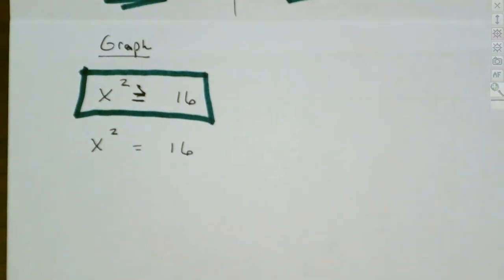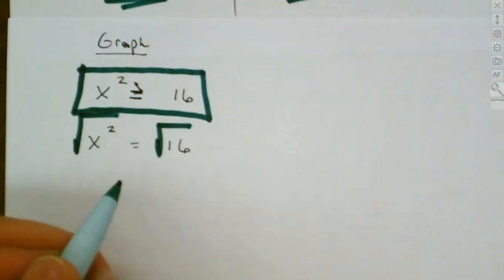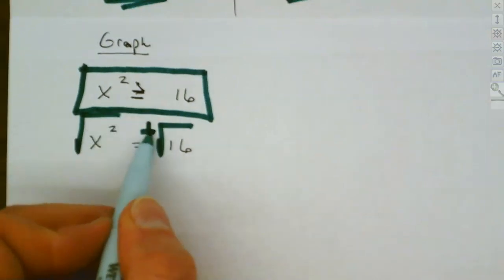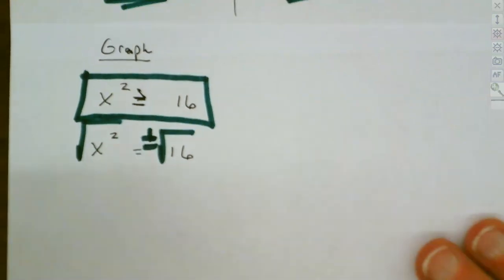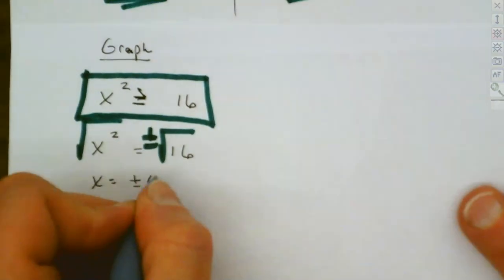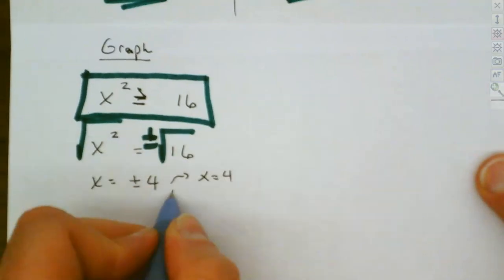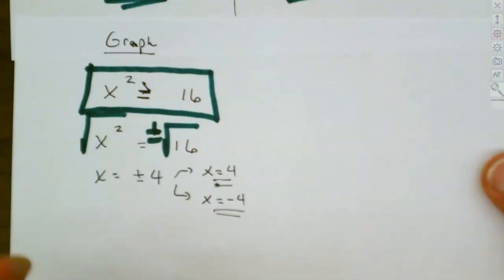Square root. And whenever you take a square root, you have to make sure you add in a plus or minus. Okay? So that gives you then x equals plus or minus 4. So that's x equals 4, and x equals a negative 4.